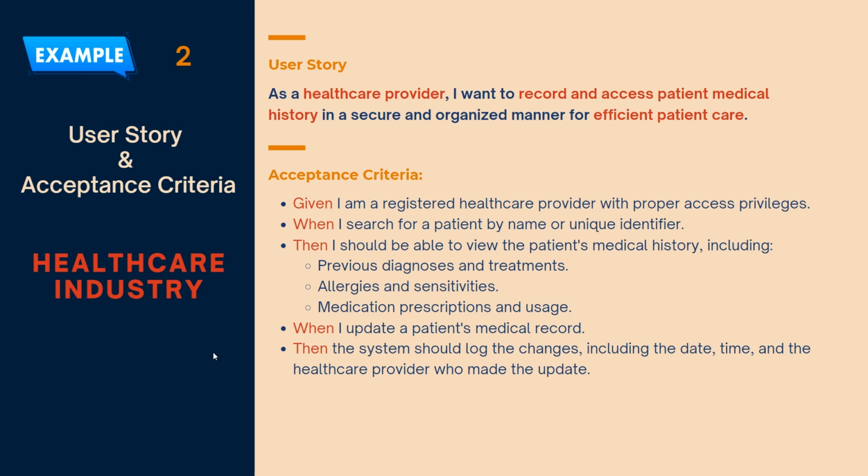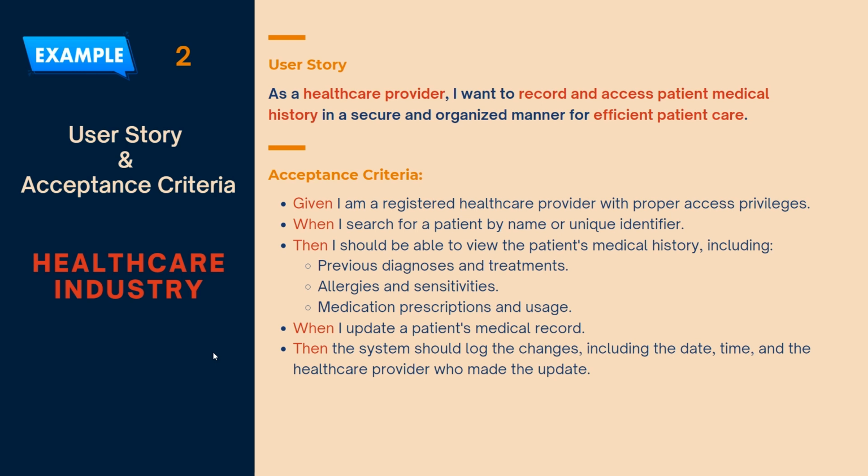Then all of the patient's medical history should pop up on the screen. And what details will be there? The previous diagnosis and treatment, allergies, sensitivities, medication, prescriptions and usage, everything. So this gives the developer the expectation that when a registered healthcare provider searches for a patient by name or unique identifier, this output should come.